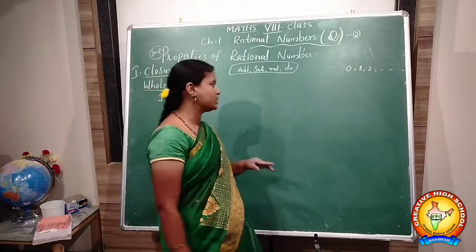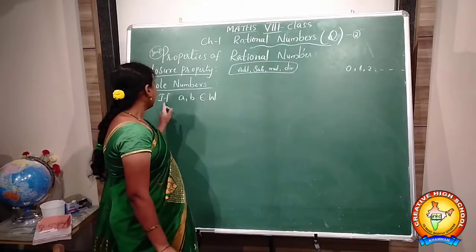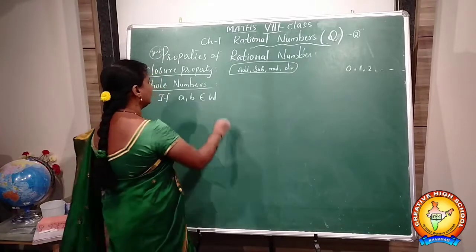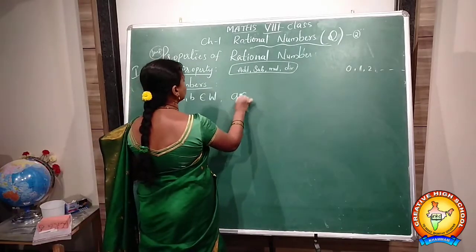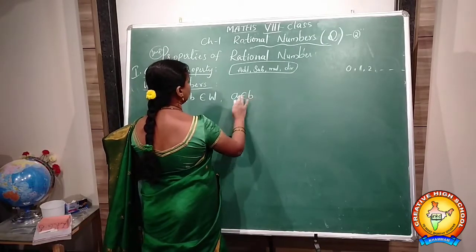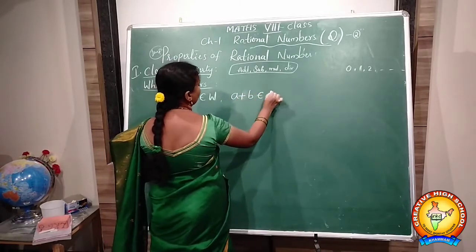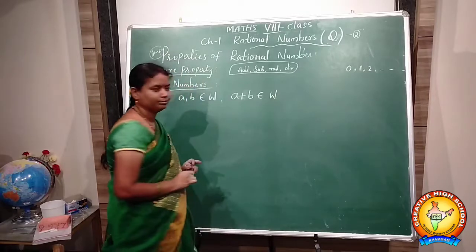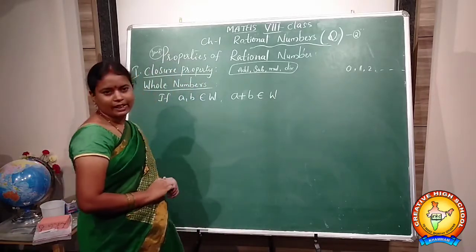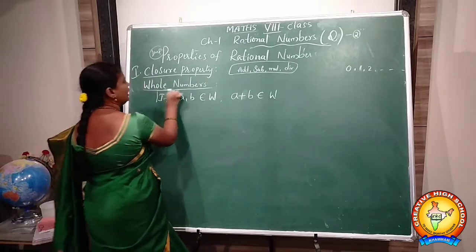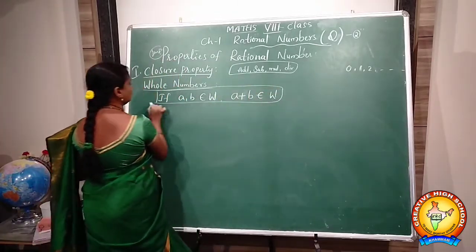That is our wish. So here, if a and b belong to whole numbers, a plus b also belongs to whole numbers. Yes, let us check. How can we check? This is the closure property under addition.